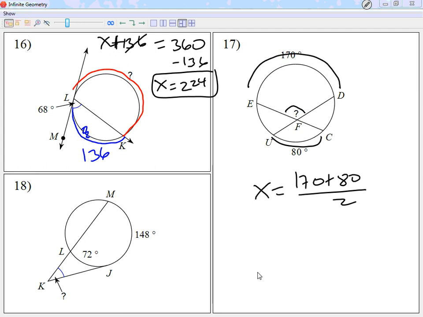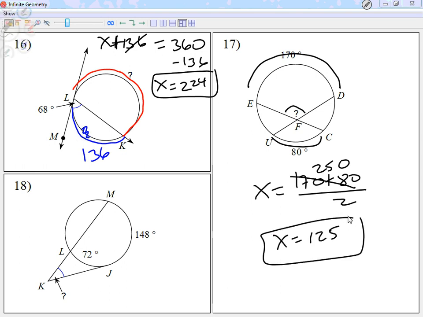The whole fraction is numerical, so we can work it out. 170 plus 80 is 250. So 250 over 2 is 125. Once again, on the outside, I'm always going to write the angle, whether it's x or a number.